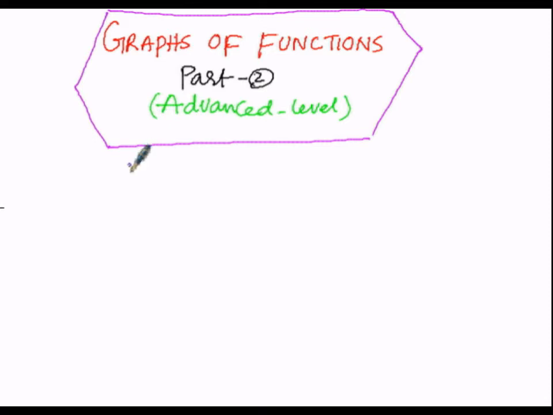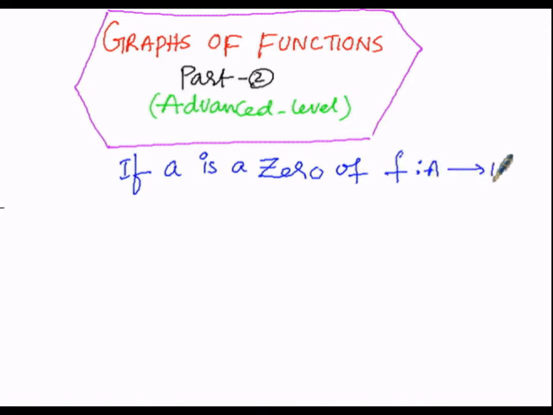Now, if a is a zero of a function f from A into R, then the point represented by (a, 0), in which the x coordinate is a and the y coordinate is 0, certainly lies on the x axis.